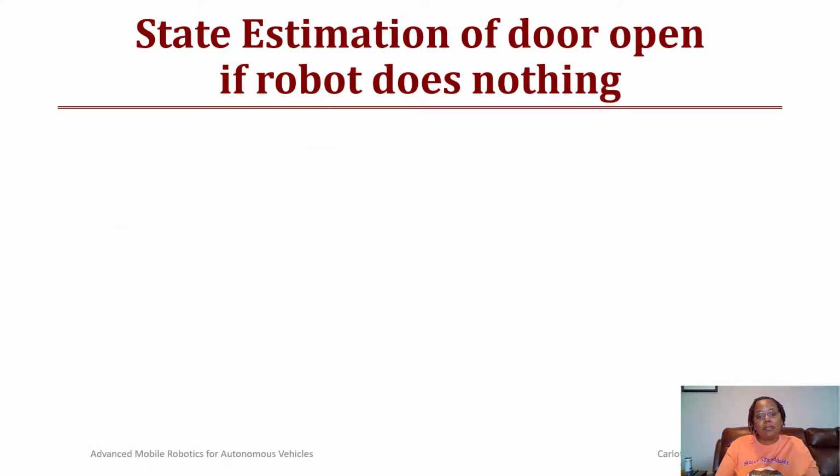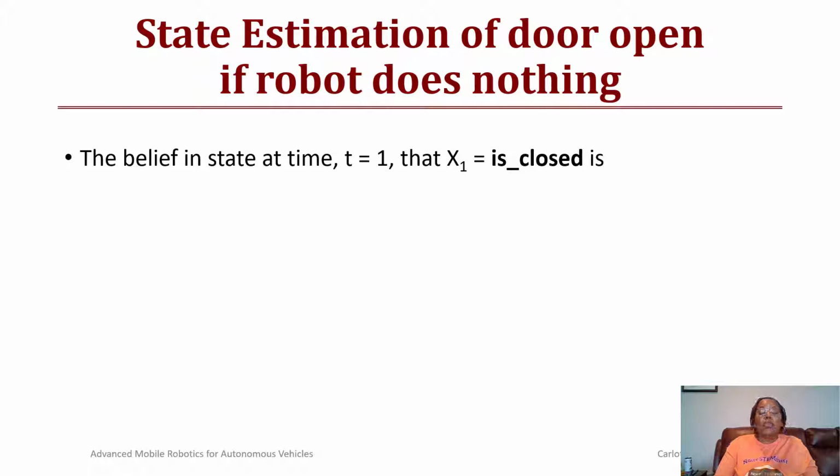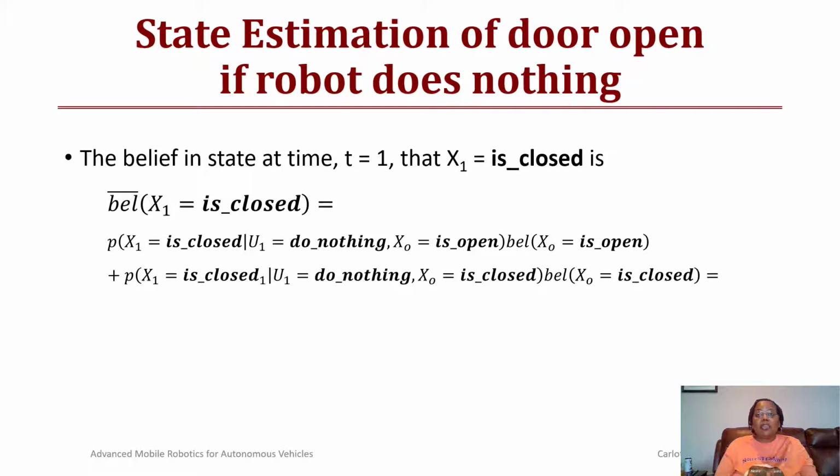Similarly, if the belief at t equals 1, and we want the new state to be closed, then the belief that it is still closed would be the probability that the door is closed, the input that the robot did nothing, and it was initially open, times the belief that it was open, plus the probability that the door is closed, the robot's input is nothing, and it was initially closed, times the belief that it's closed.